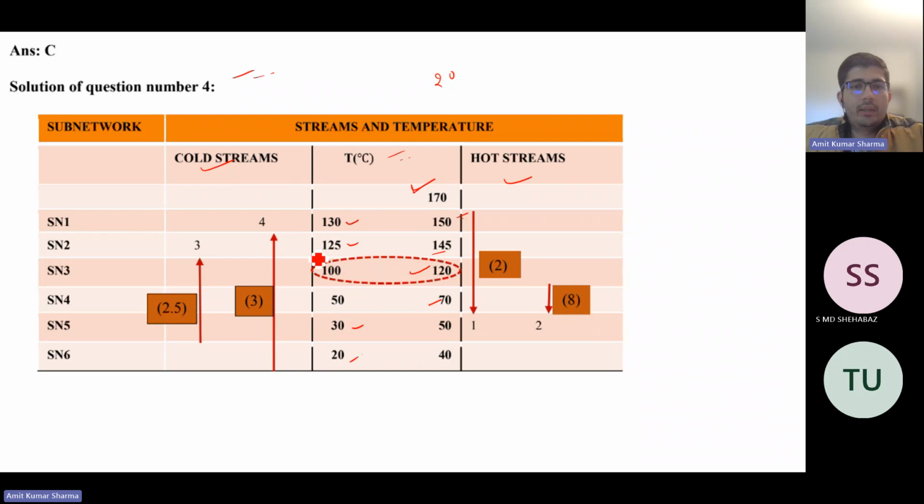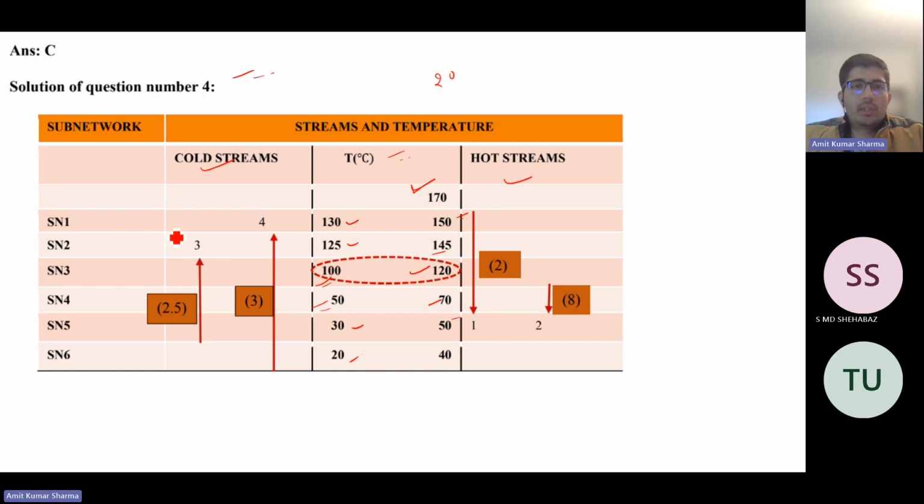Now we have 120, so again this temperature will be minus 20, so it will be 100. Now we have this temperature 70, so 70 minus 20 will be 50. This 30, minus 20, and like this 20, 40. So you have to draw this.